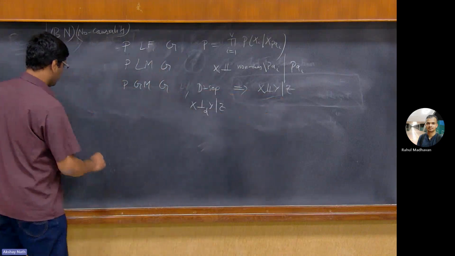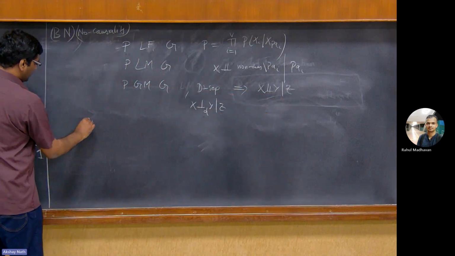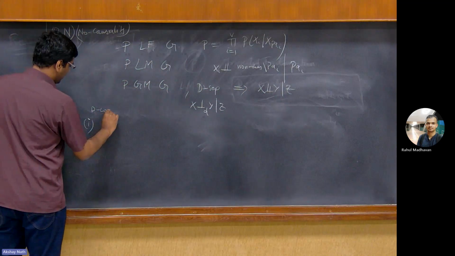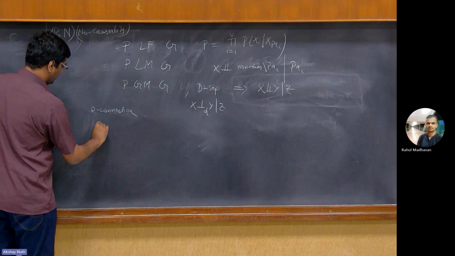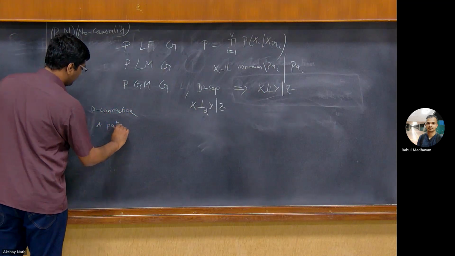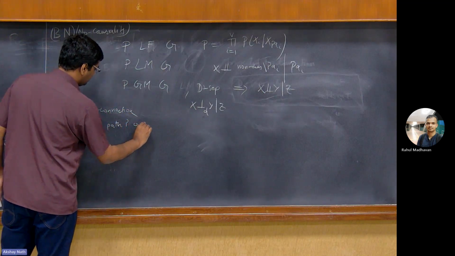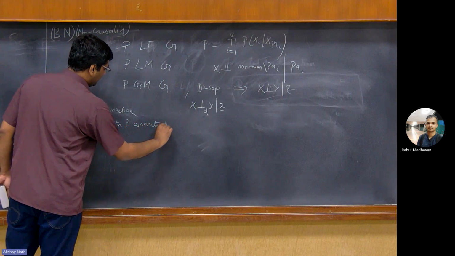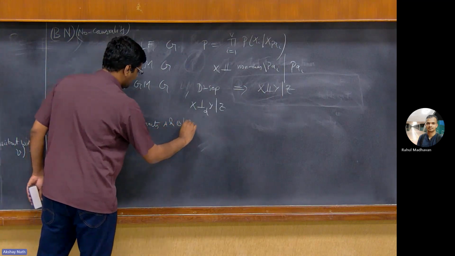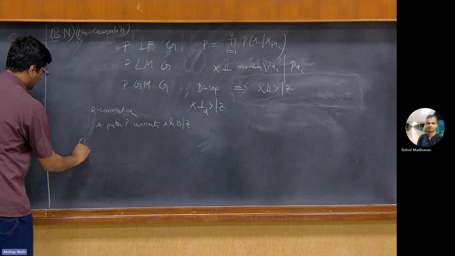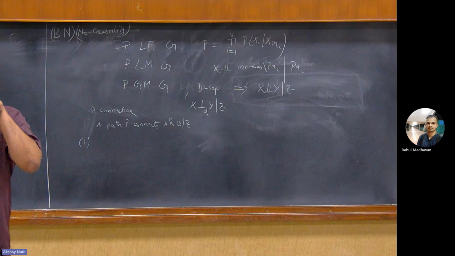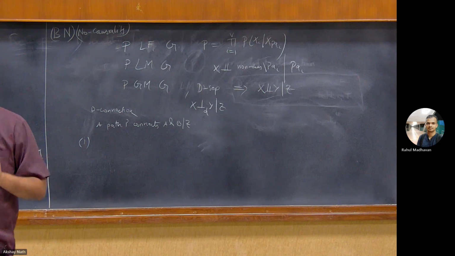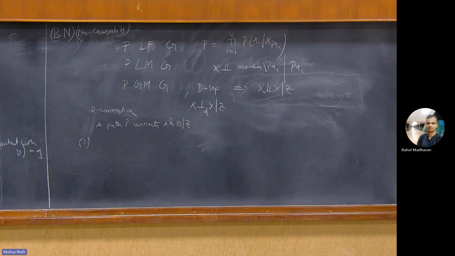Let me recall the definition of D-separation. I think we need to go via D-connection. A path P connects A and B given Z if no non-collider is in Z. Sorry, I didn't follow the previous.